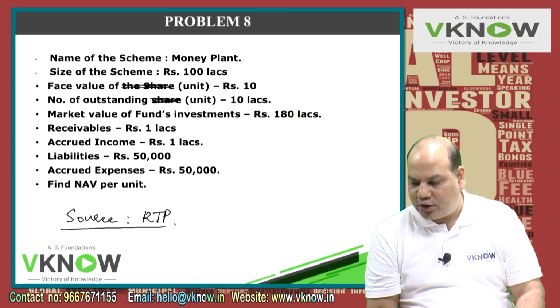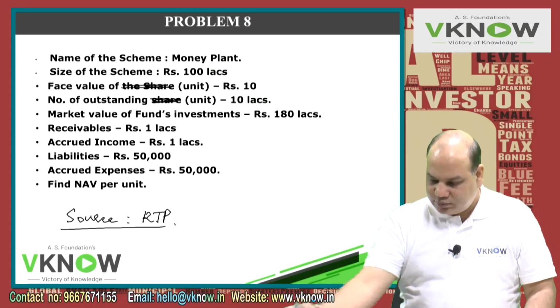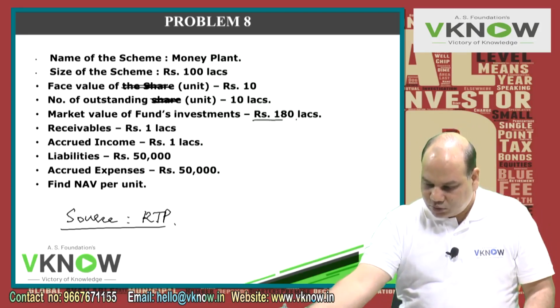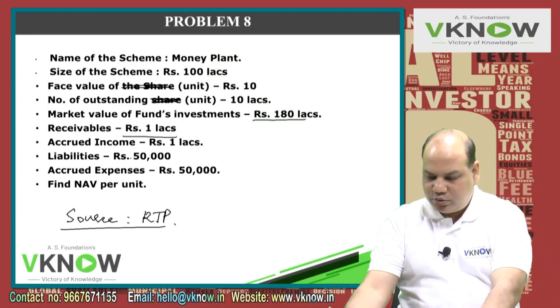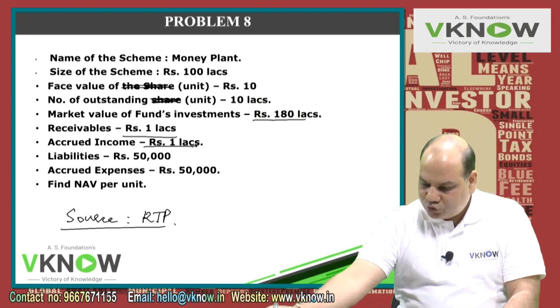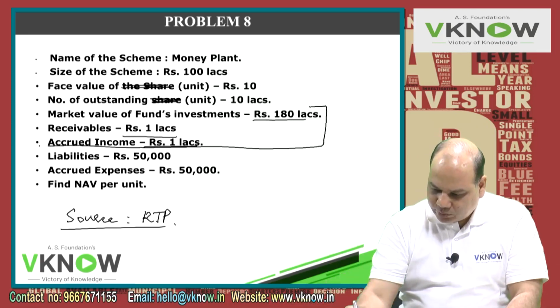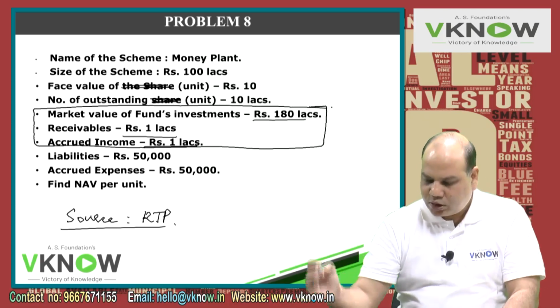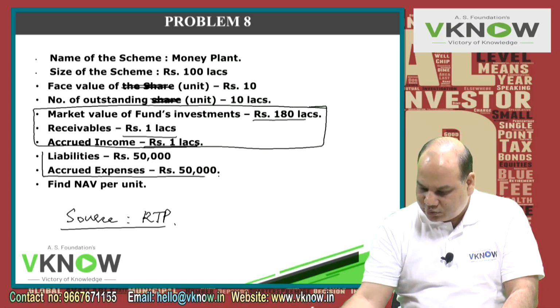Number of outstanding units 10 lakh. Market value of the fund's investment is rupees 180 lakh. Receivable rupees 1 lakh. Accrued income rupees 1 lakh. So these are my 3 assets. Liabilities: accrued expenses 50,000.